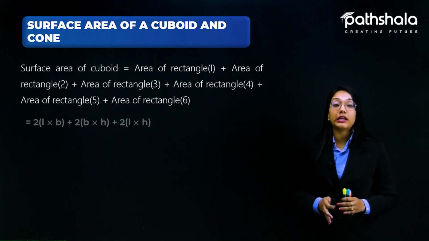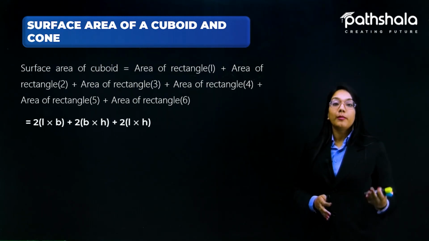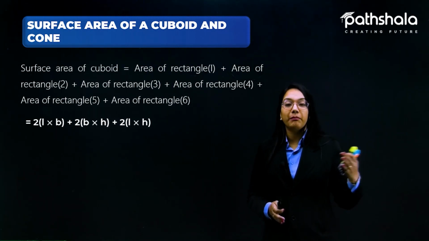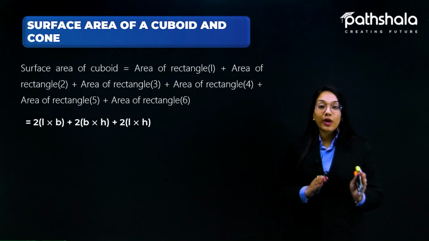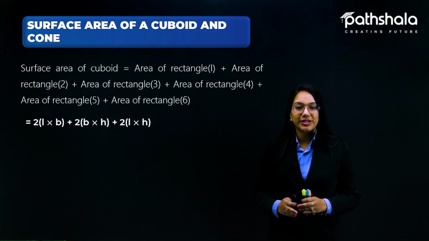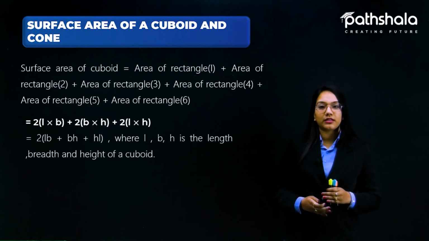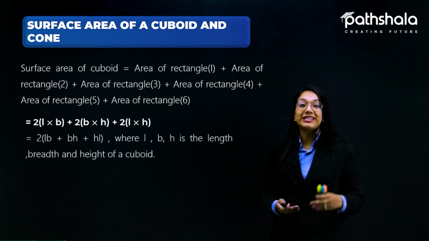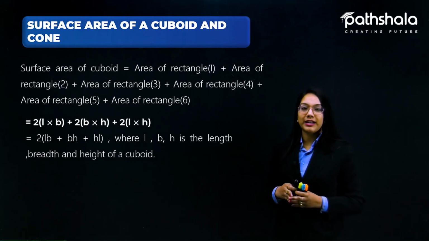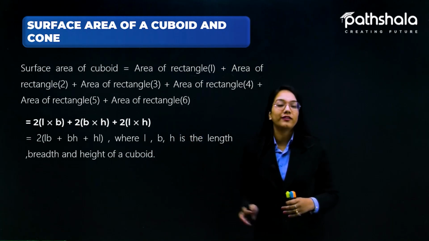From that I get 2 into L into B plus 2 into B into H plus 2 into L into H. That means we get L into B 2 times, B into H 2 times, and H into L 2 times, because in total we have 6 rectangles, representing the areas of the 6 rectangles. So at the end we get the sum as 2 into LB plus BH plus HL, where L, B and H represent the length, the breadth and the height of the cuboid.